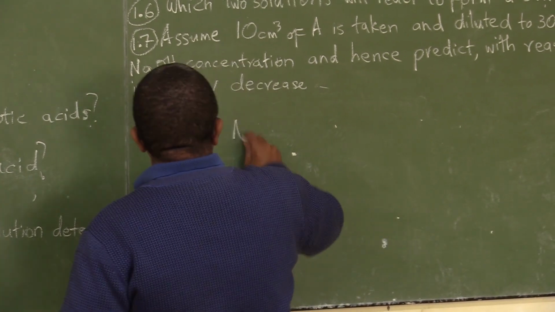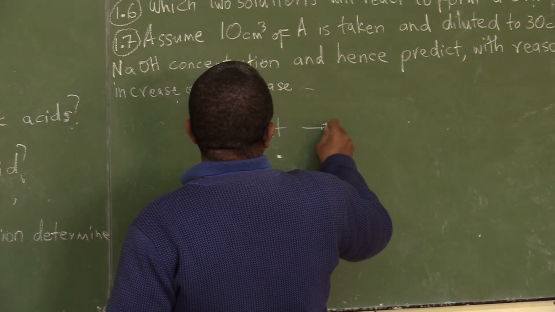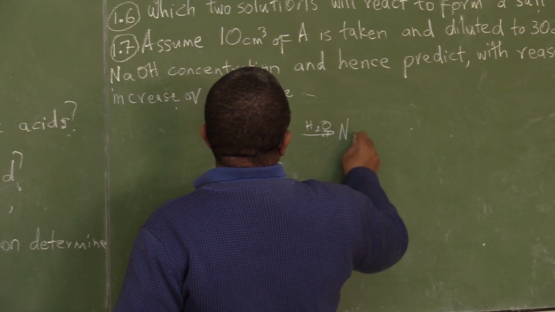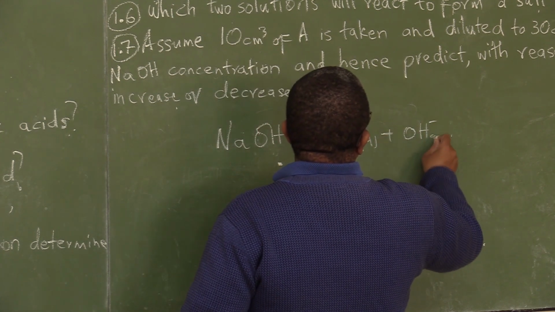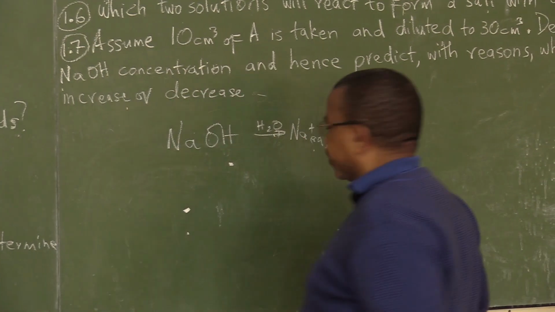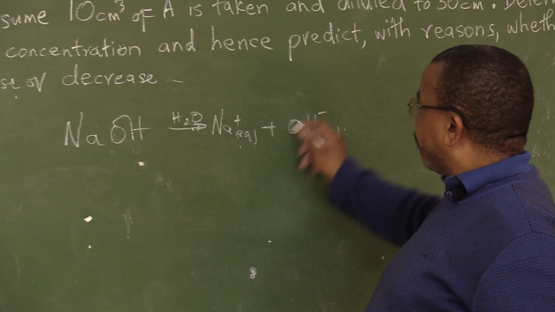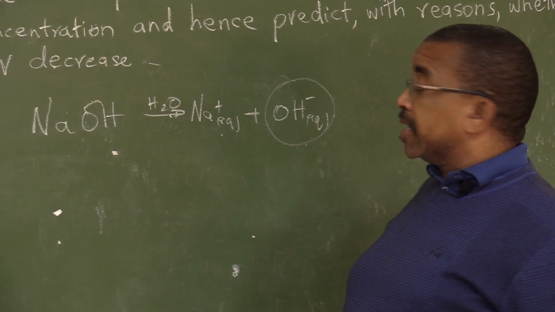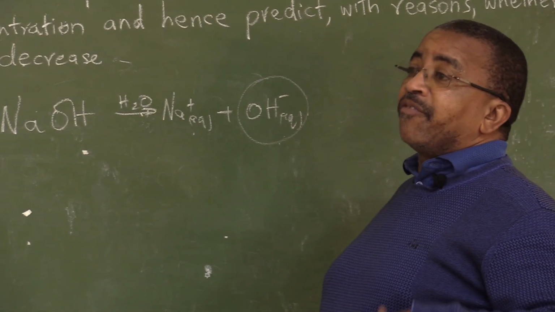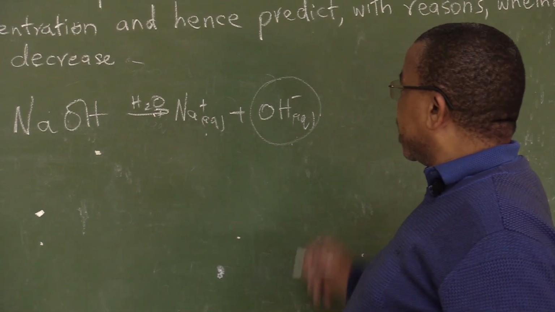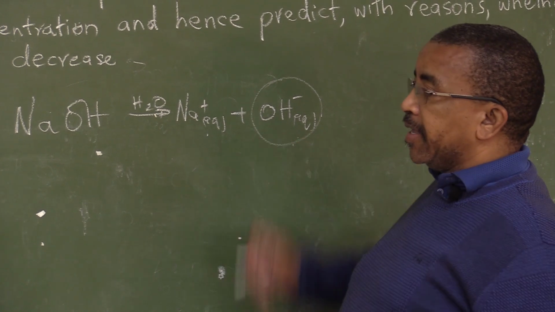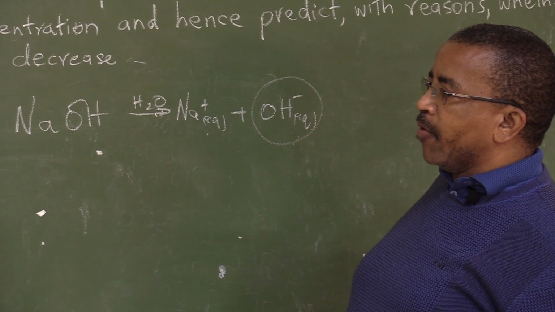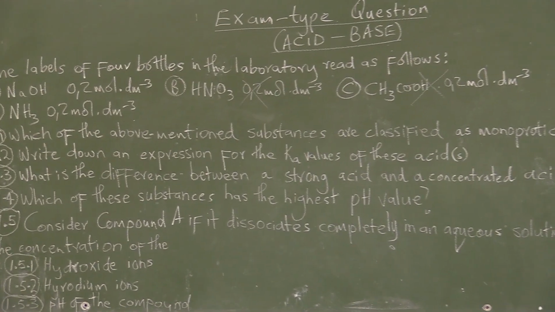Sodium hydroxide in water forms Na plus aqueous and OH minus aqueous. This increases the pH. As we have more OH minus in the solution, the pH is high. So for number 1.4, the one with the highest pH value is obviously sodium hydroxide.